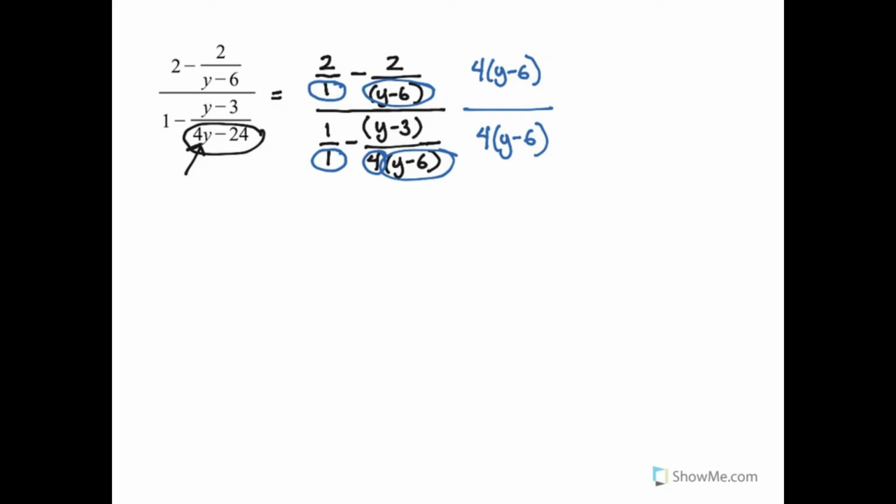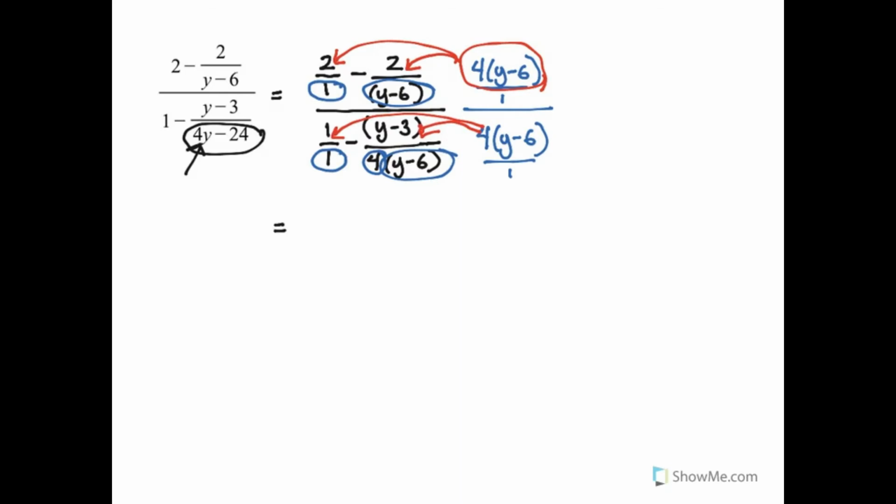Now to make the multiplication easier, remember that this is over 1. Now I can distribute 4 times y minus 6 times the first term in the numerator and times the second term in the numerator, and times the first term in the denominator and times the second term in the denominator.